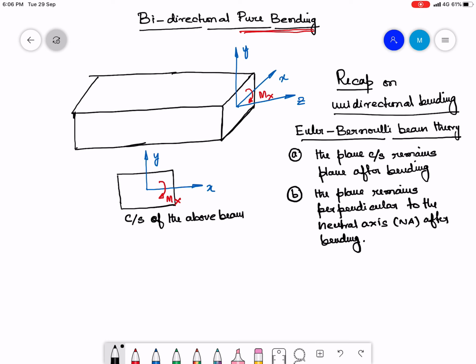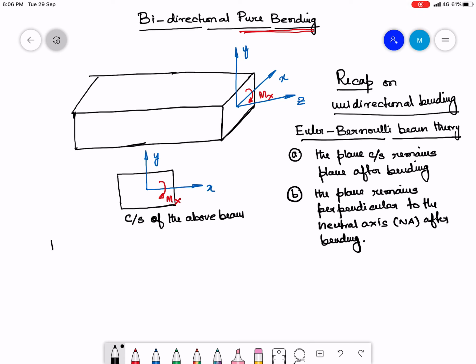Okay, so now the next point that we should understand about unidirectional bending is that under pure bending, the only stress that is produced in the cross section of the beam is normal stress or direct stress, that is sigma z. So sigma z is the only stress that will be produced in the cross section due to pure bending.